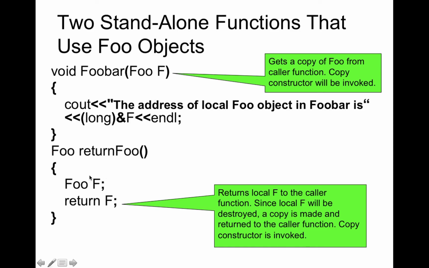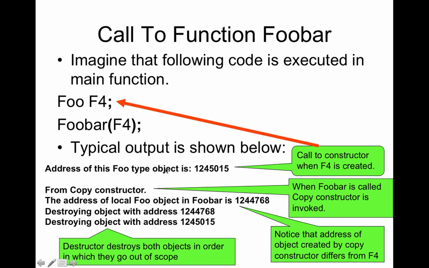And this one is returning foo, so a copy constructor will be invoked in that also. This function returns local f to the caller function. Since local f will be destroyed, before destruction a copy is made and returned to the caller function. And in that case also the copy constructor is invoked. So if I create an object f4 and call the function foobar, the schematic output is this.